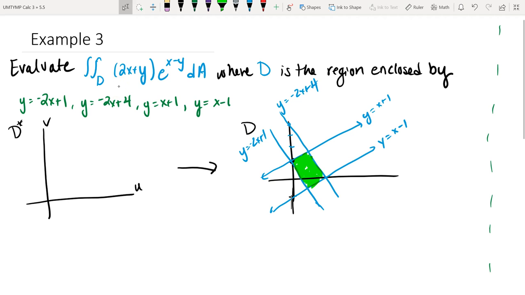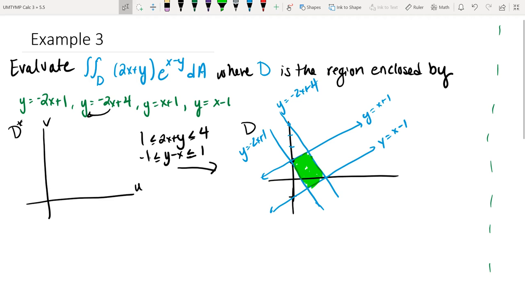If we rearrange this just a little bit, we're going to say that 2x plus y is at most 4, but at least 1. And similarly, y minus x is no more than 1, but at least minus 1. So maybe this is going to be useful to us.